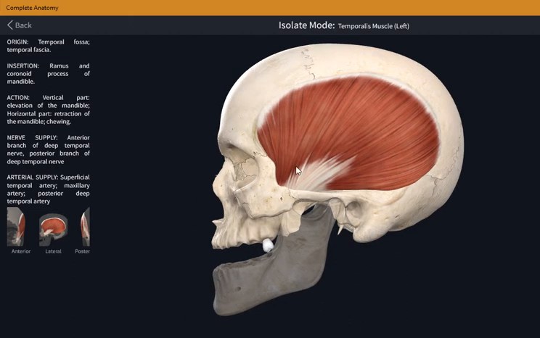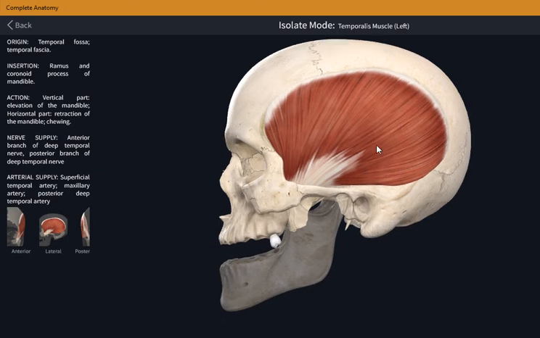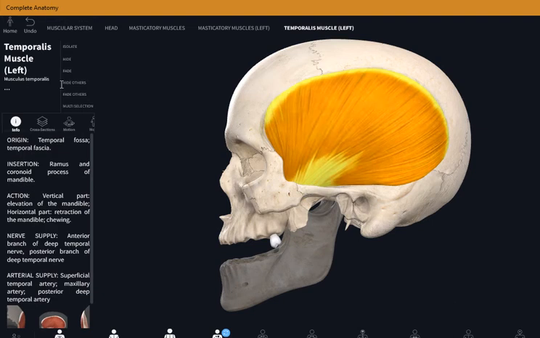We know that Newton's third law states that for any action force there is an equal but opposite reaction force, but here we realize that the mandible is movable and the temporal fossa is rigid, not movable. So the action force upon contraction is going to cause movement towards this side. So it's going to do a vertical elevation of the mandible, of the mouth as such here. So this is for the temporalis muscle.